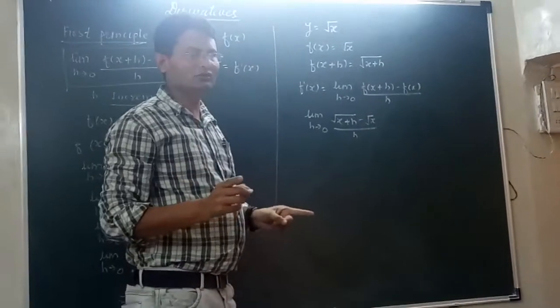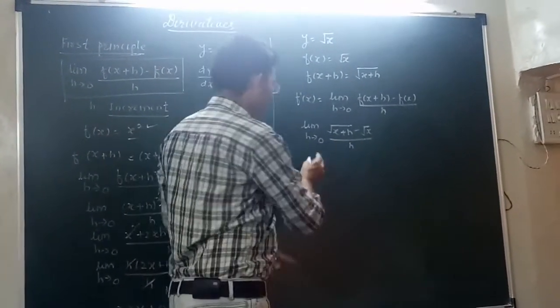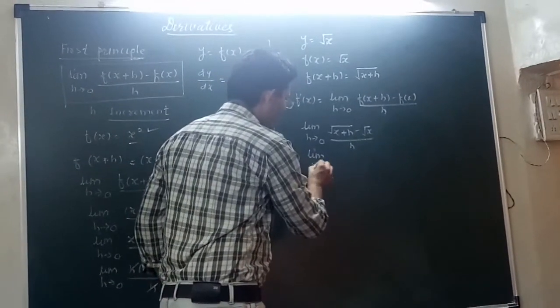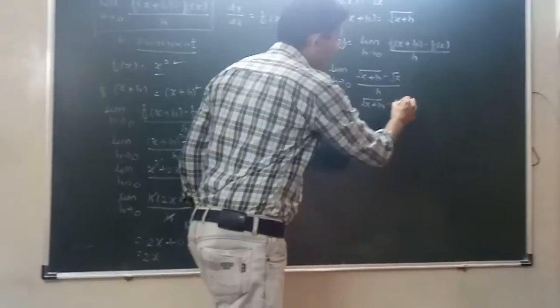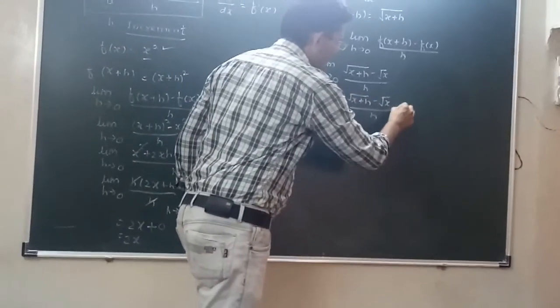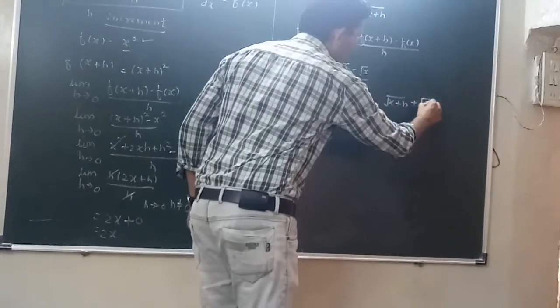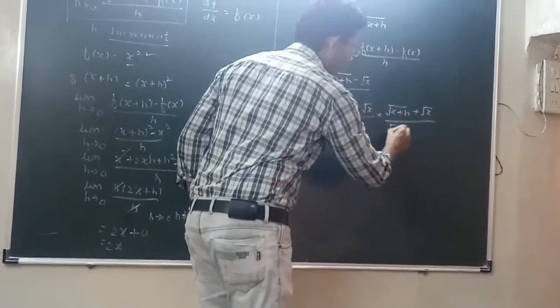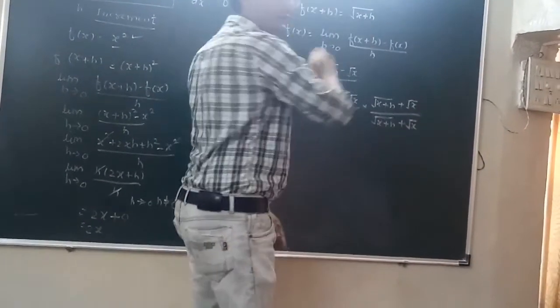There is a root. If there is a root, what do we do? We rationalize the term. So after rationalizing, under root x plus h minus root x upon h into root x plus h plus root x. To balance the term, I'll have to take root x plus h plus root x.